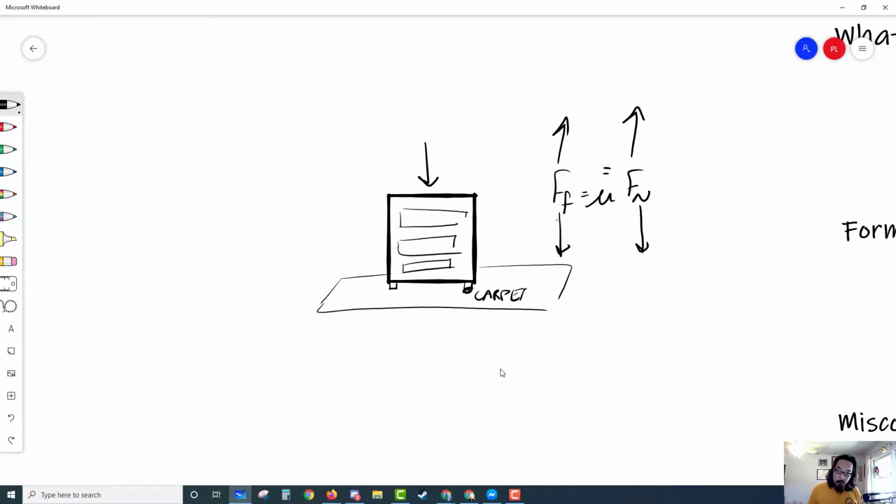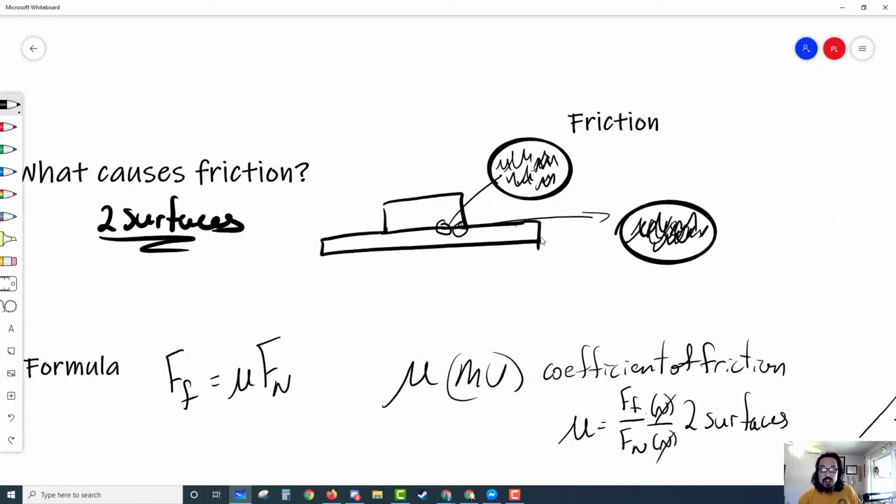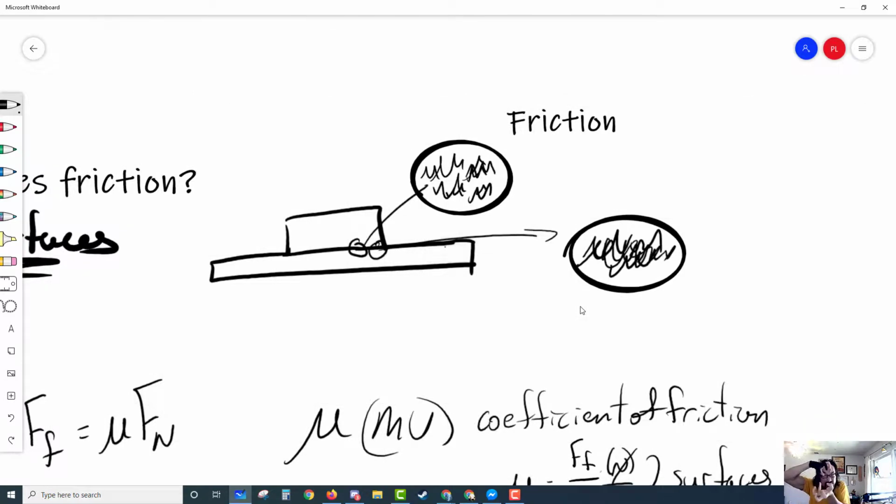What your partner can do is slightly lift the object off of the ground, and the normal force will decrease. And when the normal force decreases, we know that the force of friction also decreases. Now, this should make conceptual sense if we go back to the idea of the atomic scale.